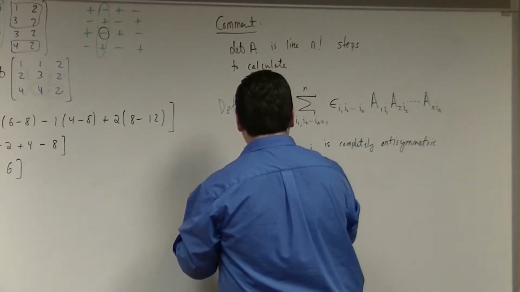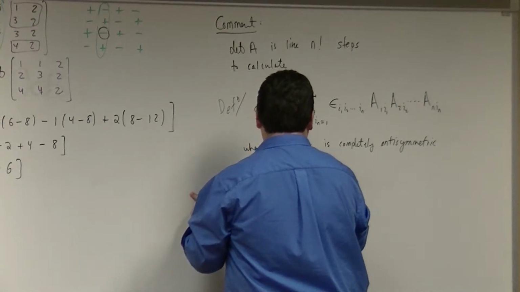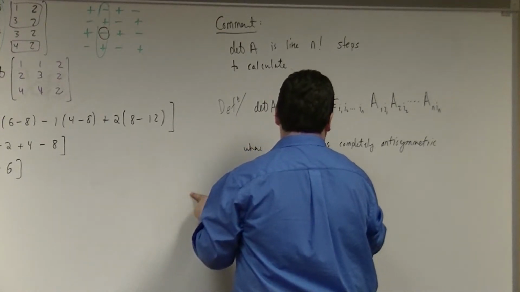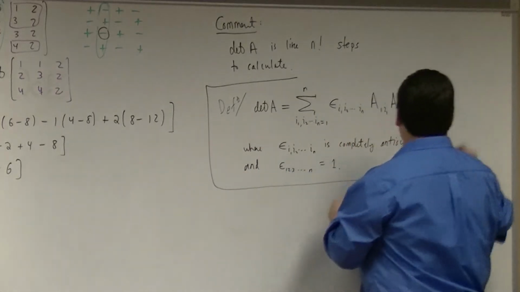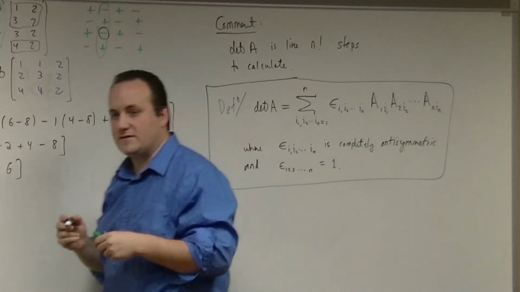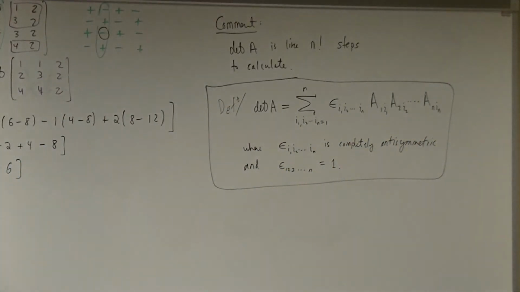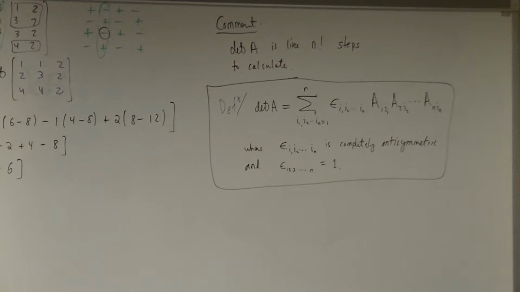And epsilon 1, 2, 3, ..., n is equal to 1. So that, folks, for me suffices to give a concrete and explicit formula that defines the determinant for an arbitrary n by n matrix. It's a completely general formula.